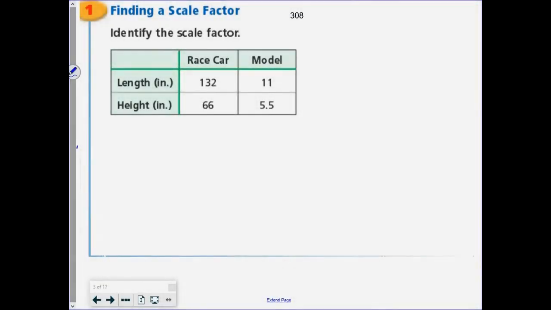Okay, let's take a look here at example number 1. We are going to compare a race car to its model. And when we do this, we want to put the model on top, so it's going to be like our Y number, and we're going to put the actual on the bottom. So model over actual. In this case, the model is the model race car, and the actual is the car itself.